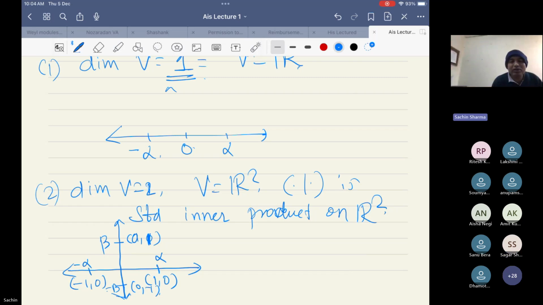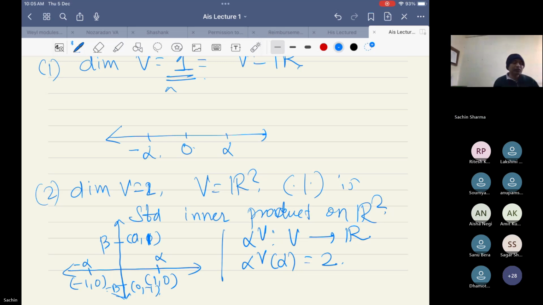Obviously, it satisfies all the properties, right? So suppose you have S alpha of beta. So first of all, what is the alpha check here? Can you determine alpha check? What will be the alpha check?